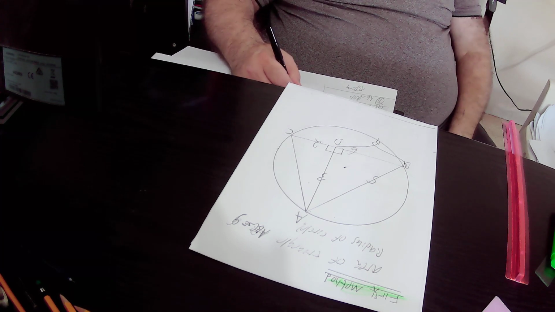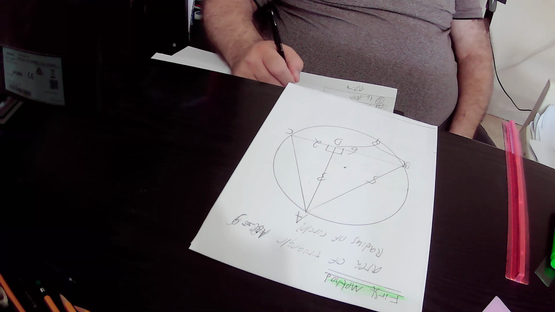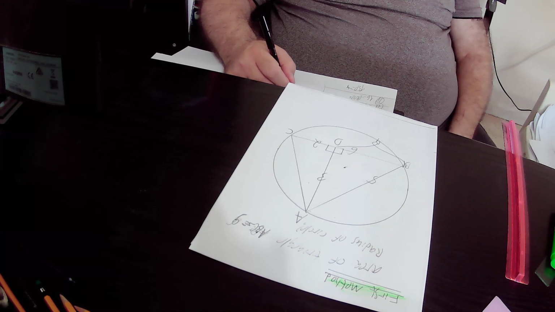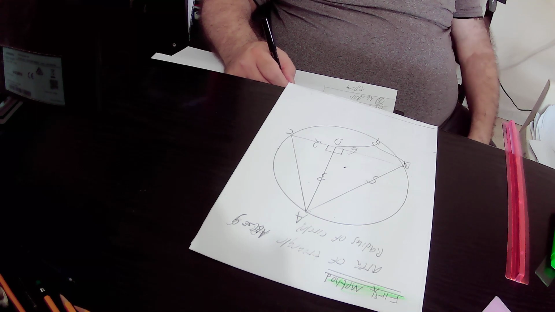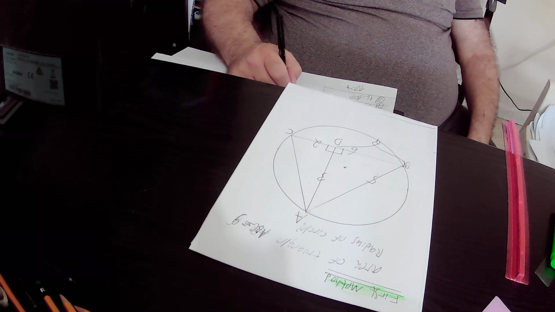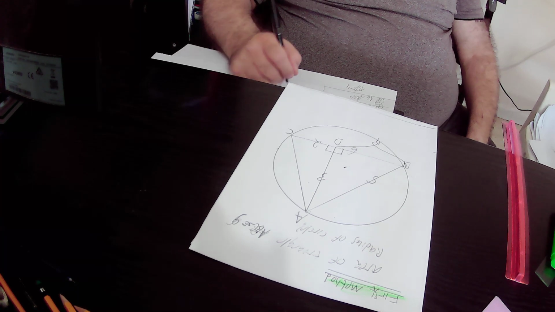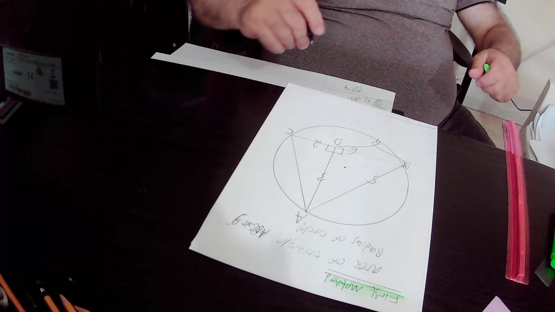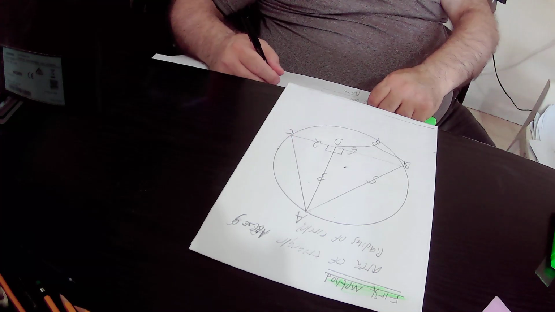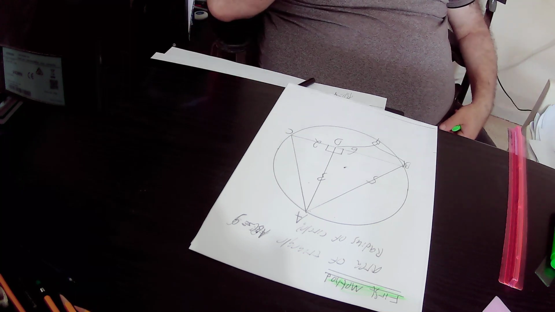In the right triangle ADC, according to the Pythagoras theorem, the square of the hypotenuse equals the sum of the squares of the perpendiculars.